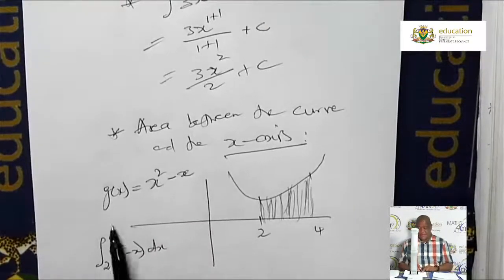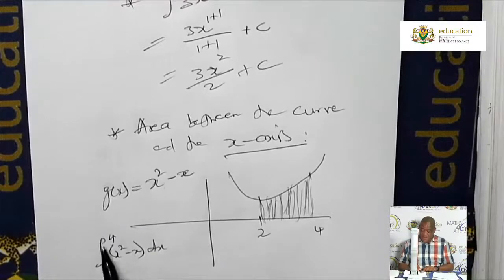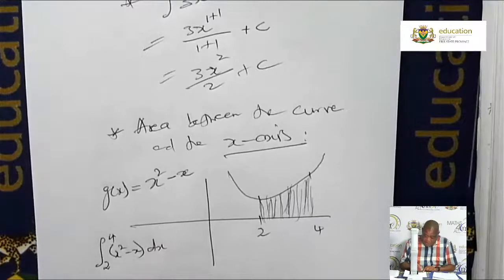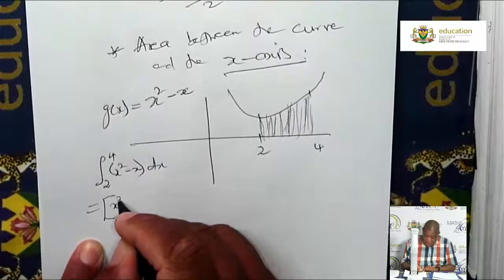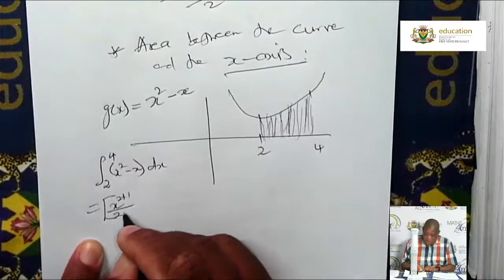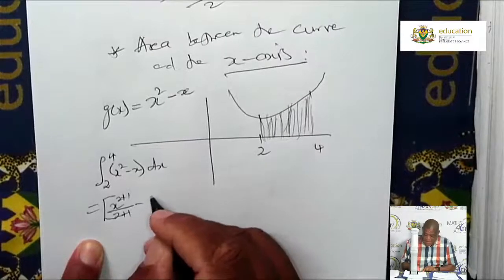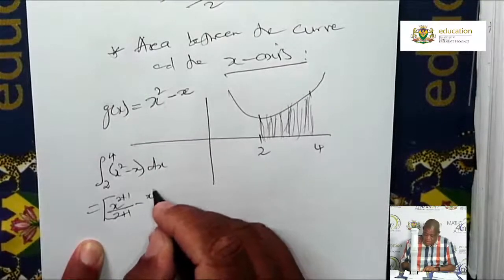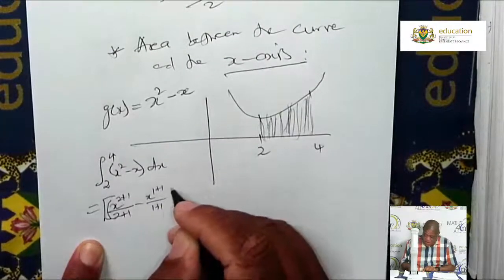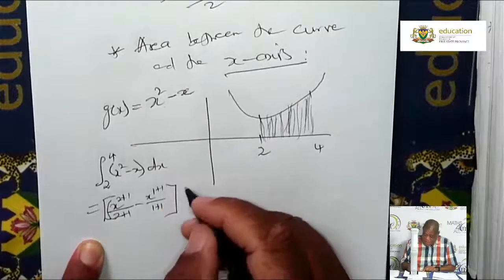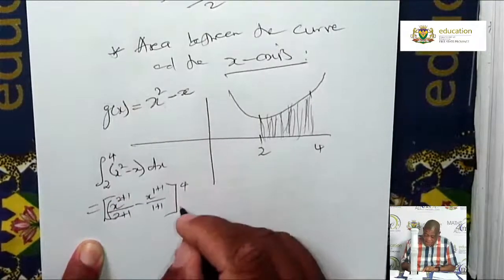And to do that, we have to integrate this. When we integrate it, it's going to give us x to power 2 plus 1 over 2 plus 1 minus x to power 1 plus 1 over 1 plus 1. Close the bracket there, and then have the upper limit and the lower limit.